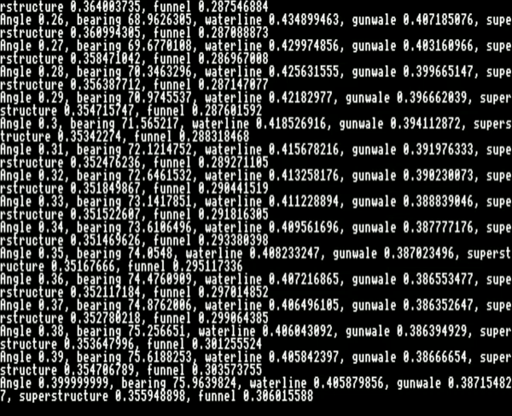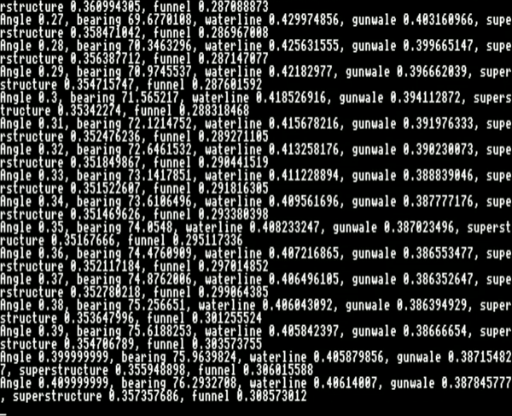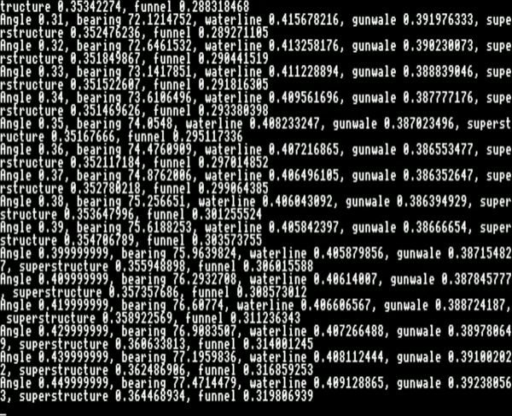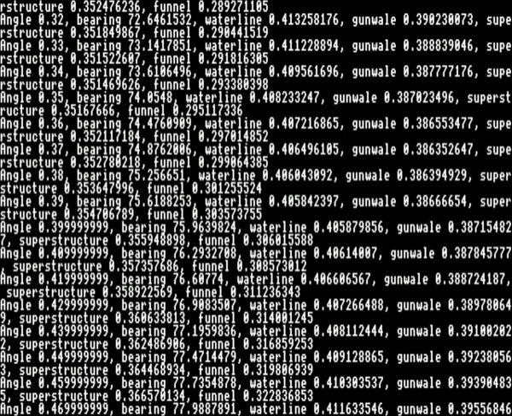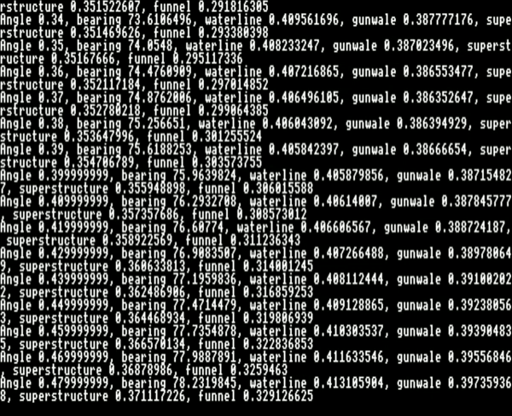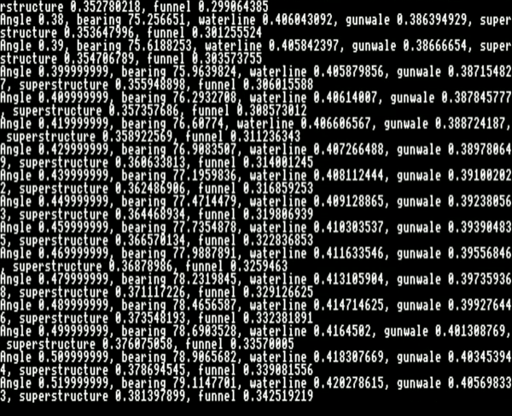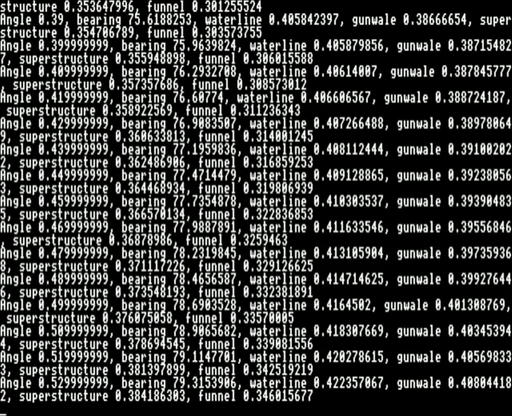The other parts of it, gunnel, superstructure and funnel, are still above. And if you keep going, .40569, 40804. The gunnel has now gone over the horizon.